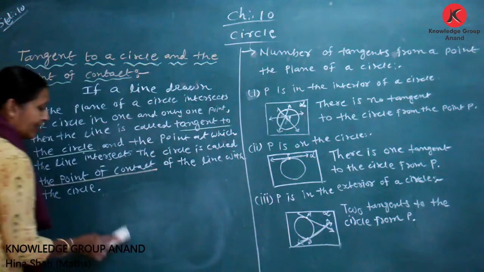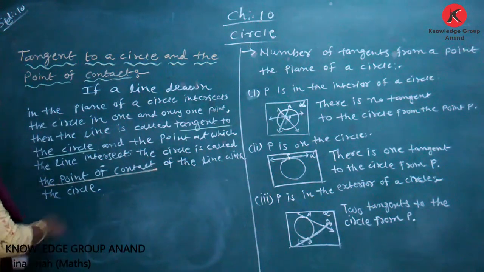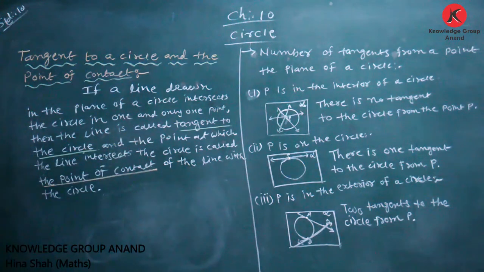The point at which the line intersects the circle is called the point of contact of the line with the circle. A line that intersects the circle in one and only one point is called a tangent to the circle. And the point at which the line intersects the circle is called the point of contact of the line with the circle.